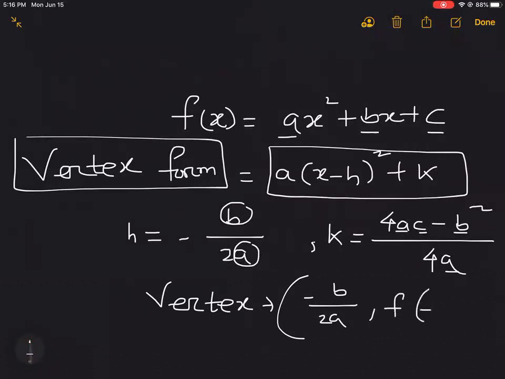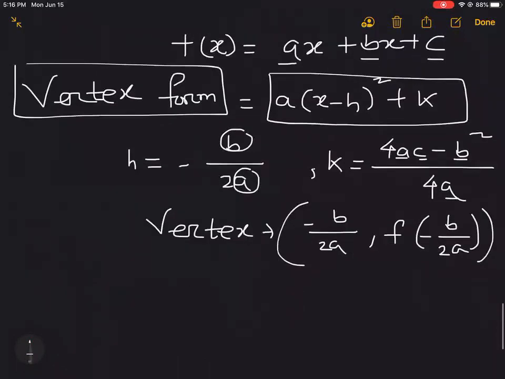That means what's the y value at that point. And the axis of symmetry is x equals negative b over 2a. You can always do that.